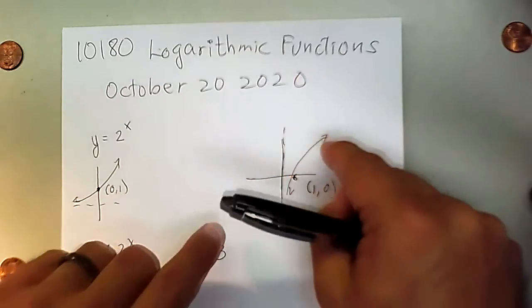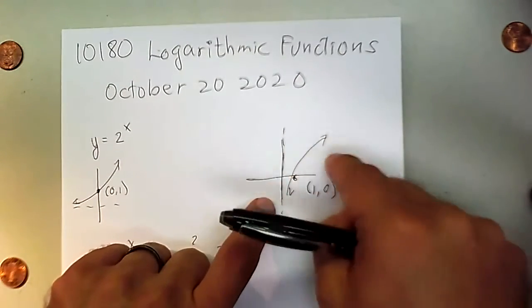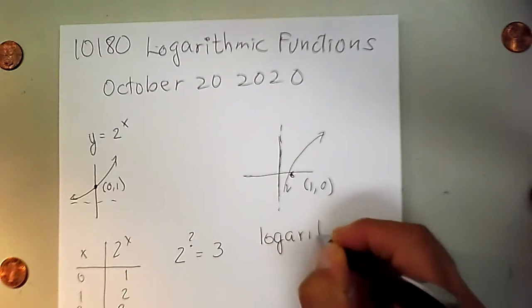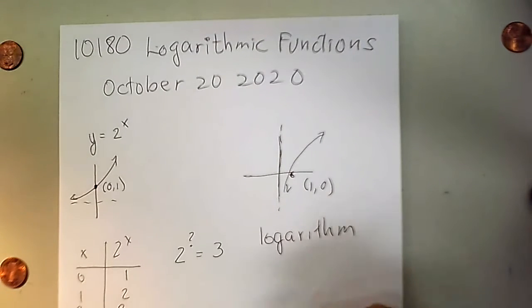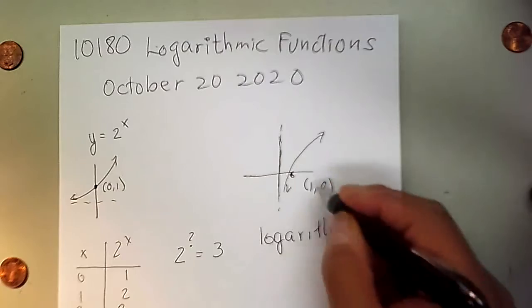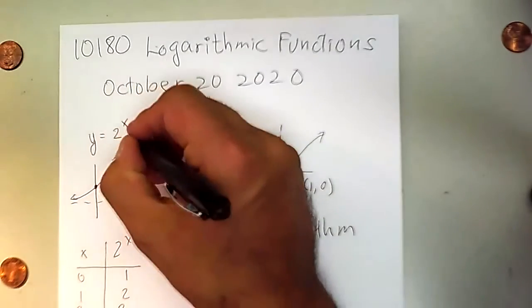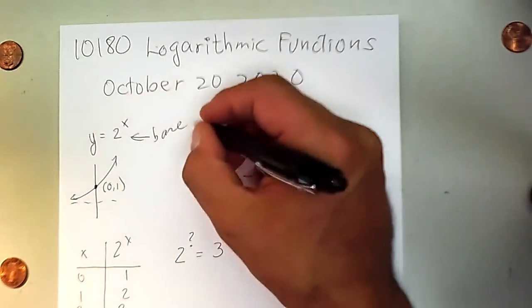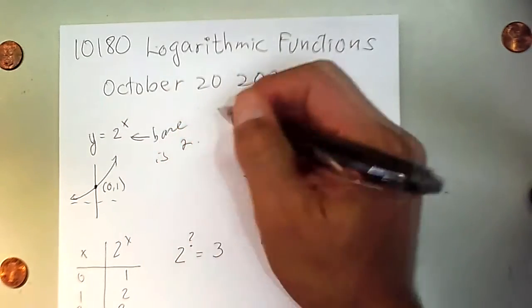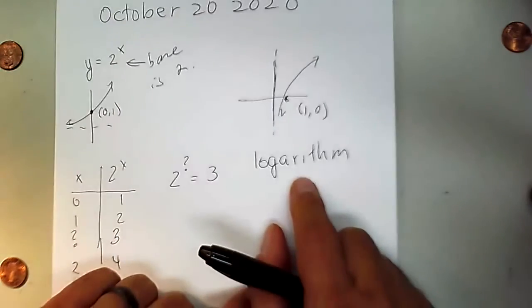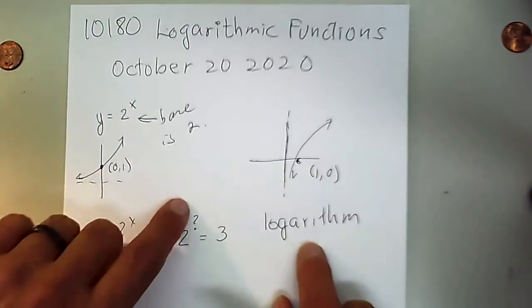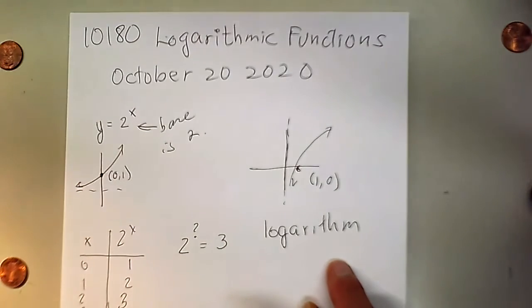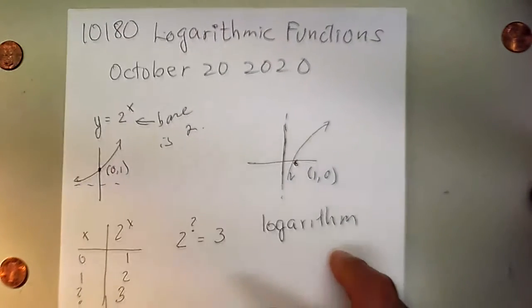So the name for this inverse is going to be the logarithm. But there's going to be many logarithms depending on the base. This is called, of course, the base. Base of the exponential function is 2. And so the logarithm in base 2 has to be differentiated from the logarithm in base 3 or 4 or 5.